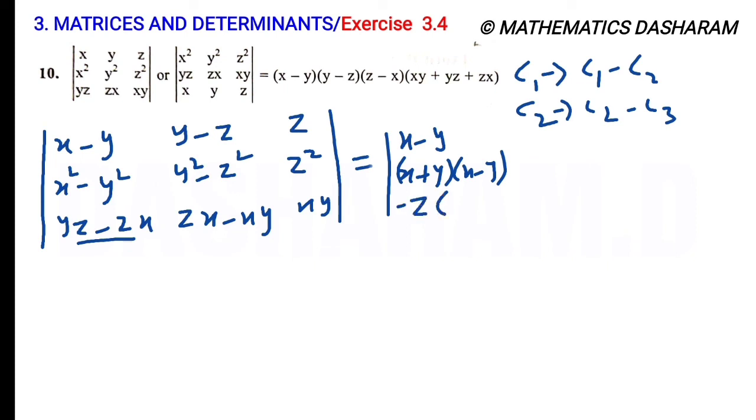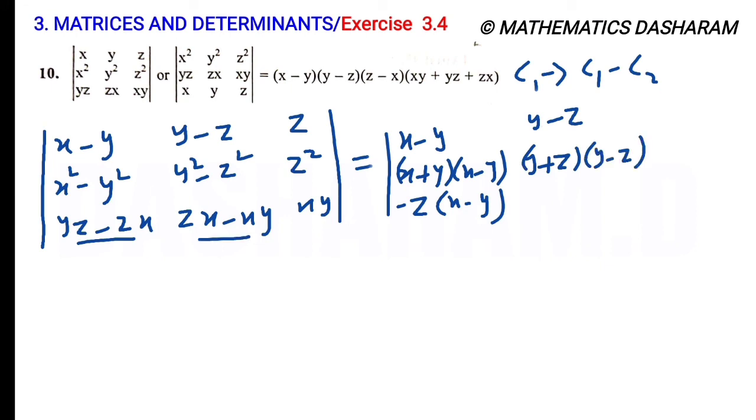So if take the minus z common, x minus y will come. So next one is y minus z, here same y plus z into y minus z, and here we can take the x common, but we will get z minus y. So that is why take minus x common, so y minus z, and the last column is z square xy.